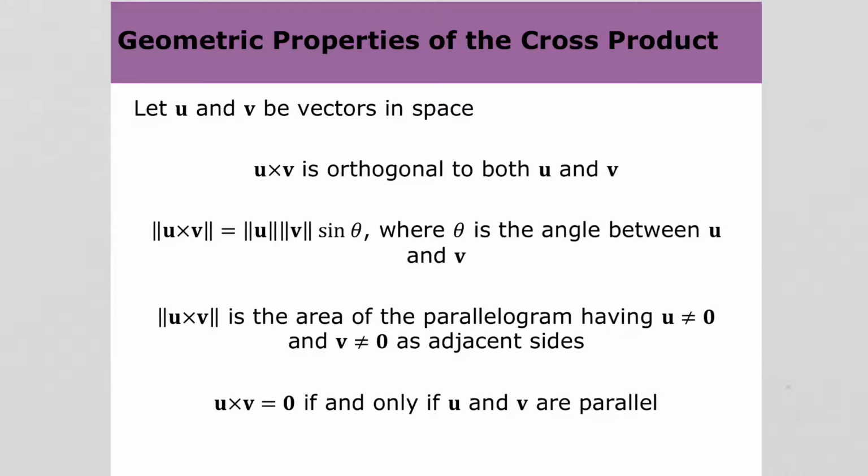If you take the magnitude of the cross product, so look at this second one here, then that is the same as the magnitude of u times the magnitude of v times the sine of theta, where theta is the angle between u and v.